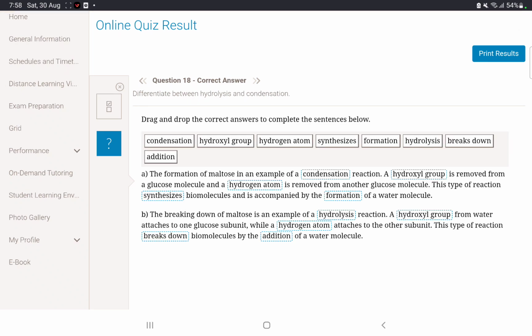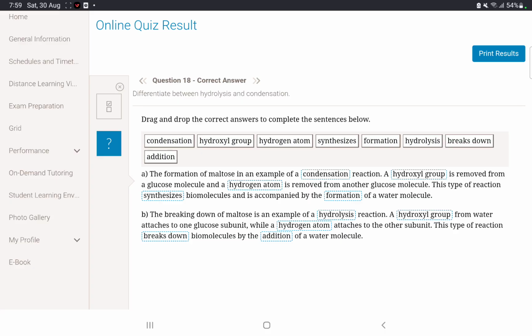The formation of maltose is an example of condensation. Formation equals condensation. Hydroxyl group removed. You remove a hydroxyl group, obviously, and you're going to have to remove a hydrogen atom as well. This type of reaction synthesizes. So we synthesize, we create biomolecules, and it is accompanied by the formation of a water molecule.